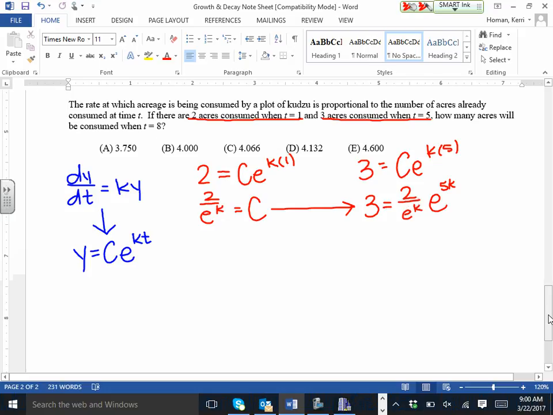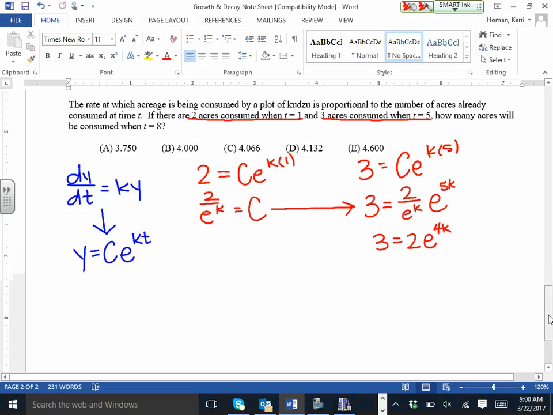Okay, we have e to the 5k divided by e to the k, so that is e to the 4k. Do you remember our rule? If we are dividing same base, we can subtract our exponents. So since we have e to the 5k divided by e to the k, we're left with e to the 4k.